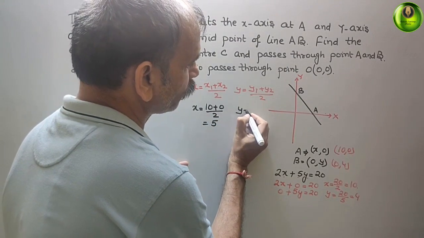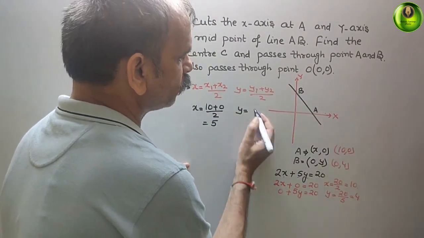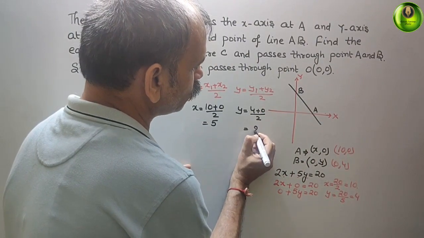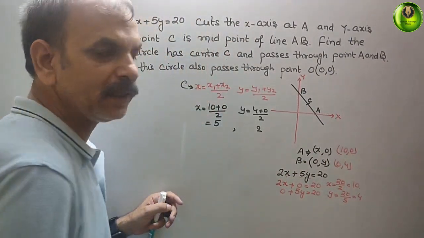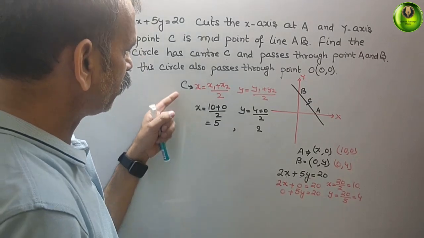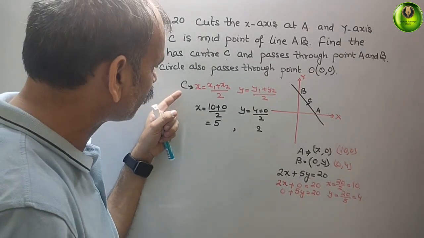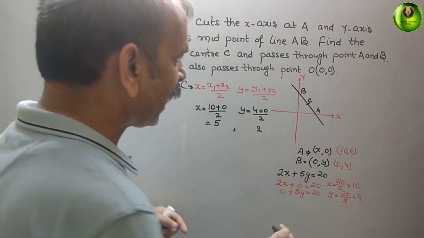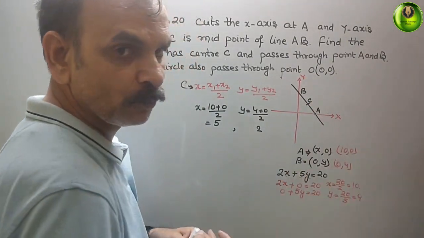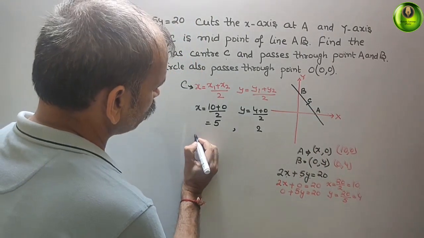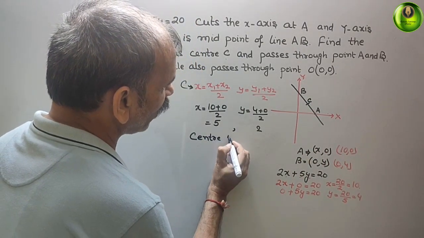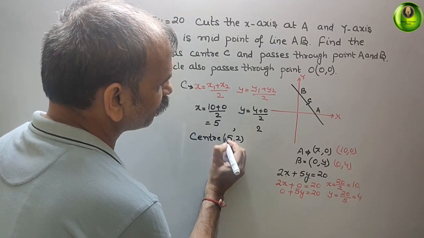Next y is (4 + 0) by 2. So the coordinate of C is (5, 2). So this is the center.